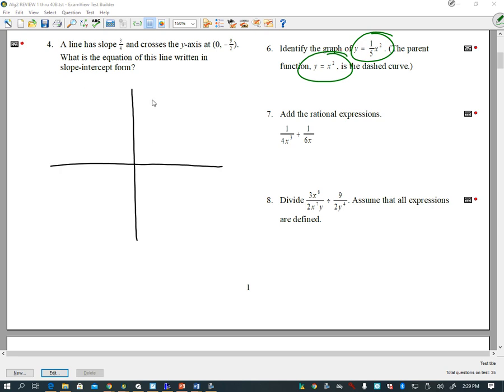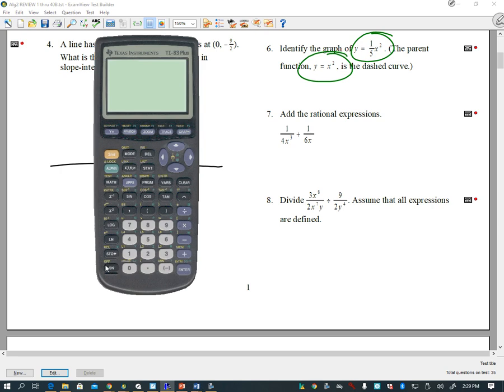All right, so let me show you. If I pull up a graphing calculator here, this is going to help you determine if you see a question like this. It says identify the graph of 1/5 x squared. It says the parent function is x squared. So let me show you what x squared looks like. When it says parent function, what it means is the most standard form of that type of equation.